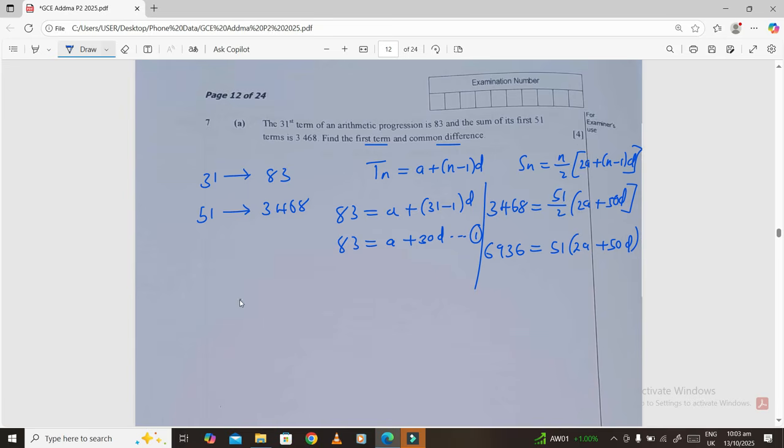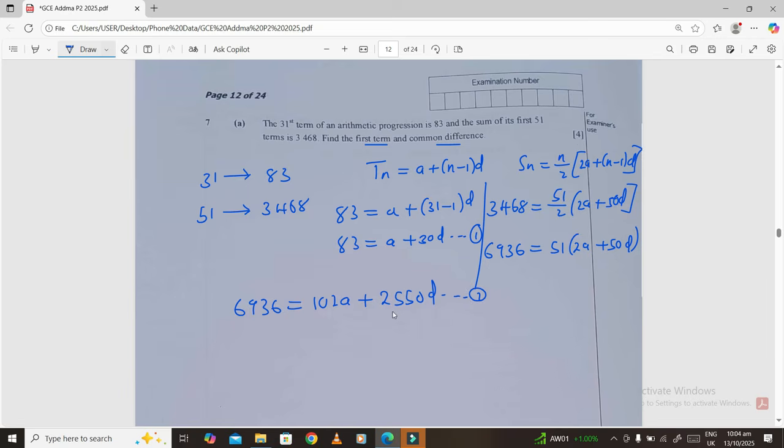So we can say 6,936 is equal to, when we multiply 51 times 2, it's giving us 102A plus 51 times 50, it's giving us 2,550D. So this is our equation 2.